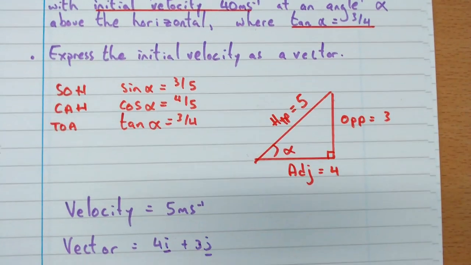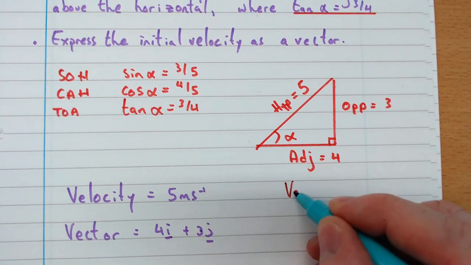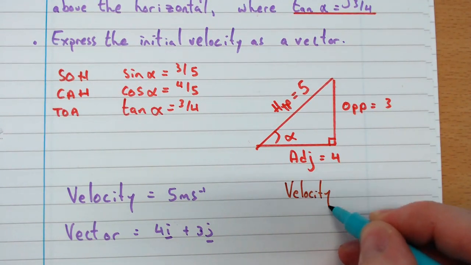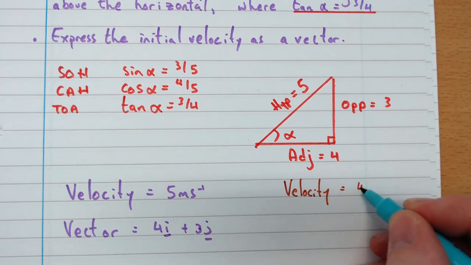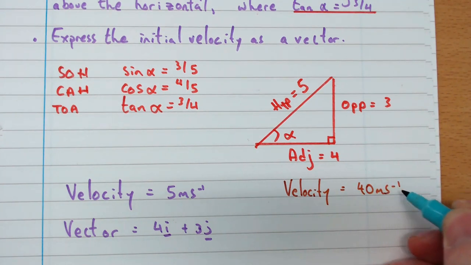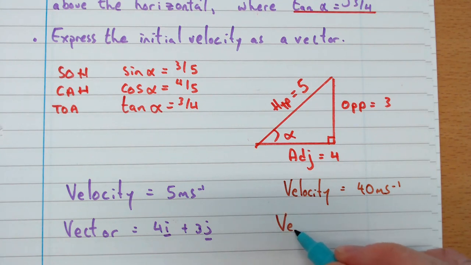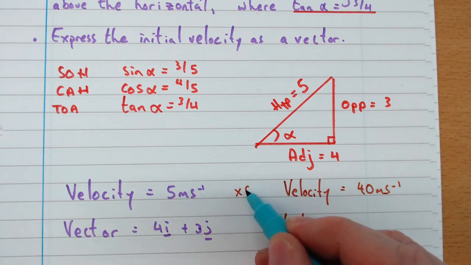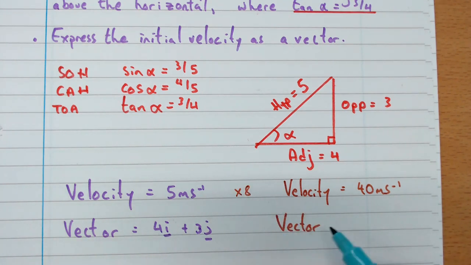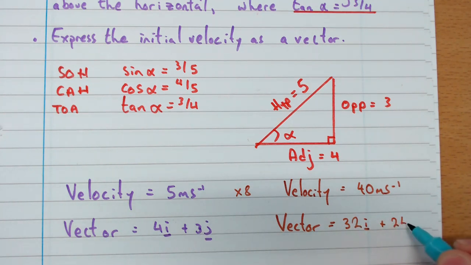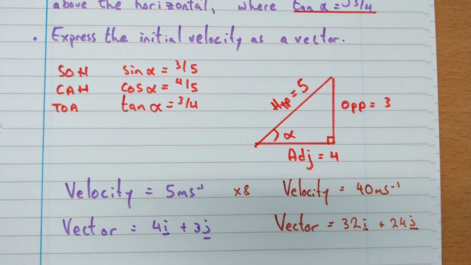Now our question is giving us an initial velocity of 40. I'm going to relate that to the little triangle we've just drawn. Hopefully you're all familiar with the basic times tables. 5 times 8 gives us 40, which means that if a velocity of 5 has a vector of 4i plus 3j, then a velocity of 40 should be 8 times bigger. 4 times 8 gives us 32. 3 times 8 gives us 24.